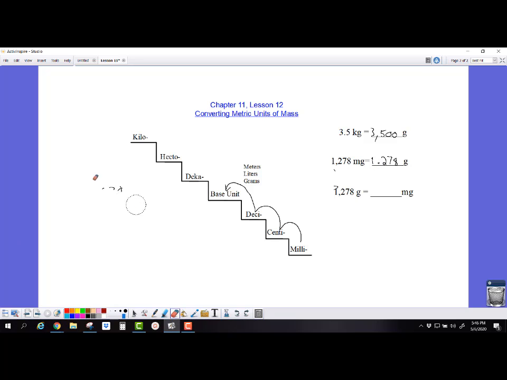Let's do one more before you get to go try some bookwork with this. So for our last one, we're going to convert the same number, 1,278, but this time it is grams to milligrams. So again, grams are our base unit, so we're starting here, and we're going to milligrams. That's down 1, down 2, and down 3.